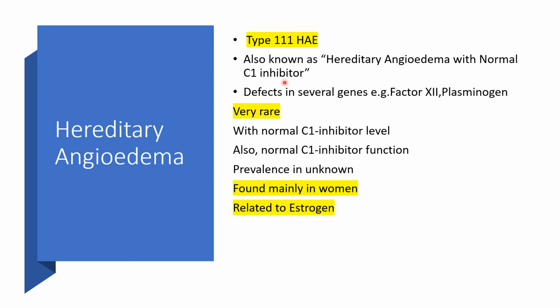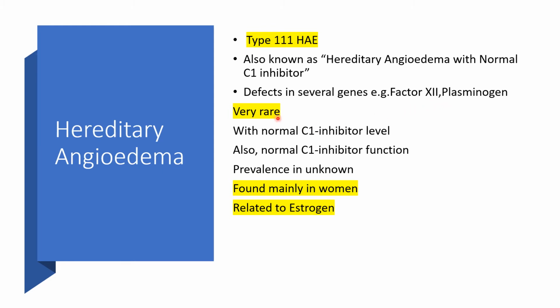Now type 3. I'm interested in this, right? Okay. It's also known as hereditary angioedema with normal C1 inhibitor level and function. There could be defects in several genes here. So it is hereditary, right? For example, factor 12 is also affected, plasminogen is also affected.